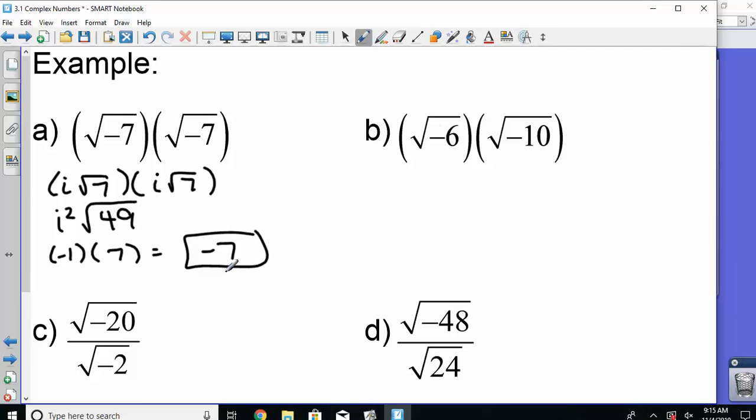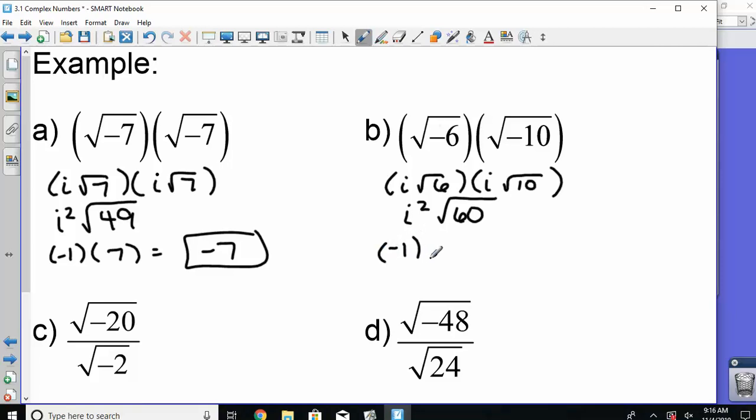B. Can we reduce either 6 or 10? No, so instead let's just start by taking out our i. So i times i, square root of 6 times 10. i squared is negative 1. Square root of 60, that is not a perfect square.